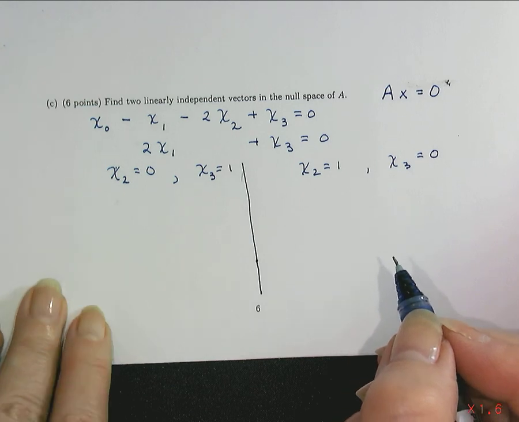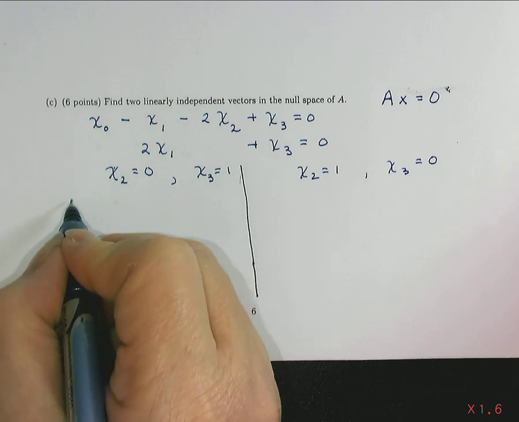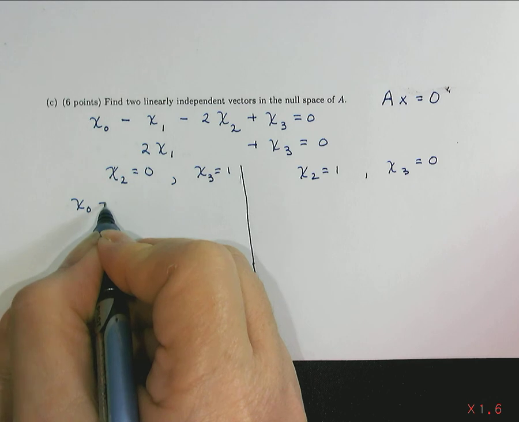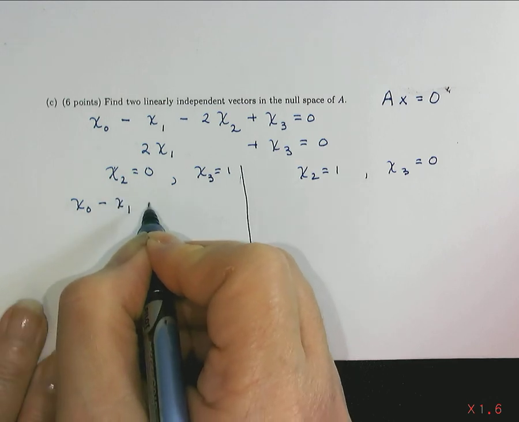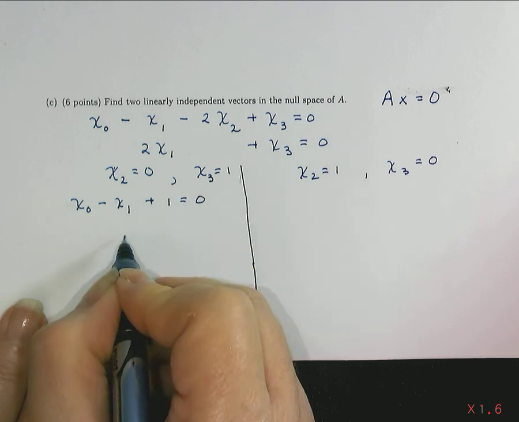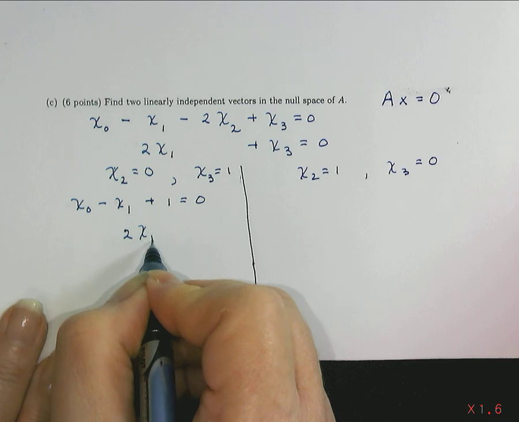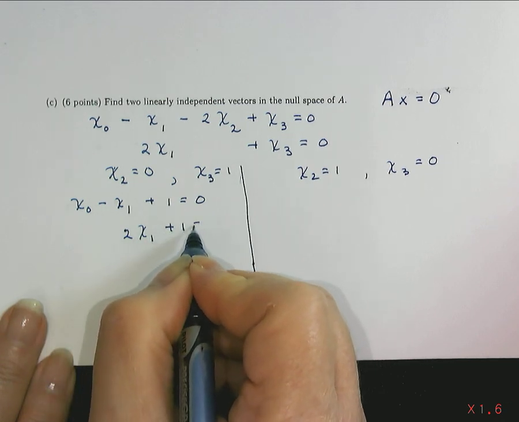So in the first situation, we would have chi sub 0 minus chi sub 1 plus 1 is equal to 0. And we would also have 2 chi sub 1 plus 1 is equal to 0.